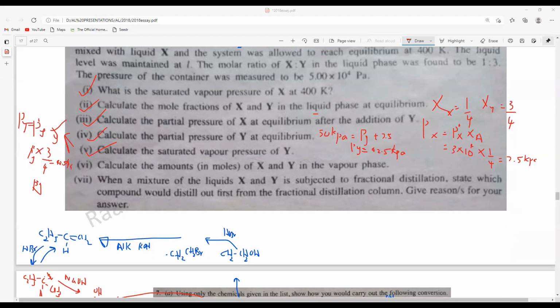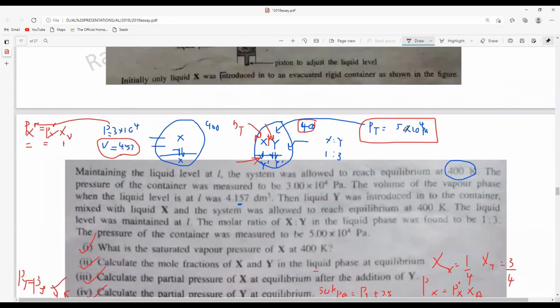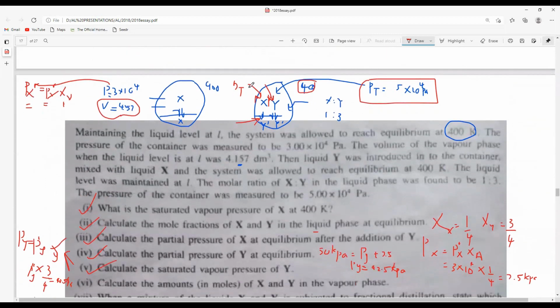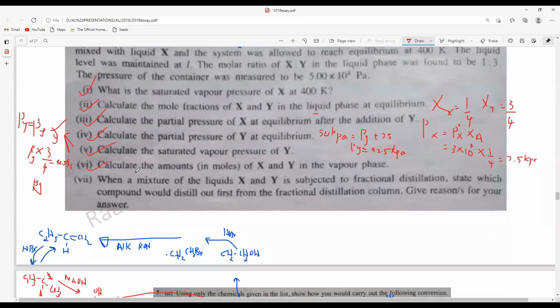Okay, so you can do that in both ways. Either you find the total number of moles first using the partial pressure, then find the number of moles. Or since you have the partial pressures of X and Y in the vapor phase, you just apply PV is equal to nRT for X separately and Y separately and find the number of moles. Okay. So those are very straightforward.